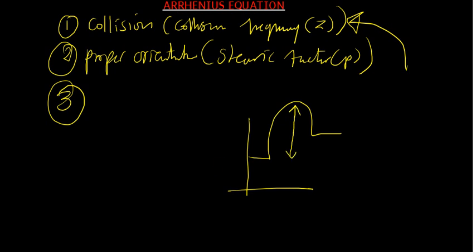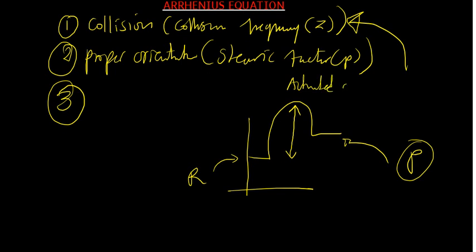So at this point you have reactants. At this point you have products. But before you reach the product, you have the activated complex on top. The activated complex is where you have a combination of reactants almost going into products. The reactants have already been broken. Now they are almost about to react to go into product.